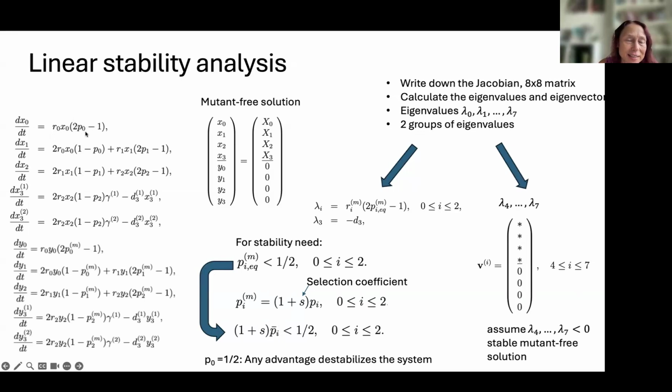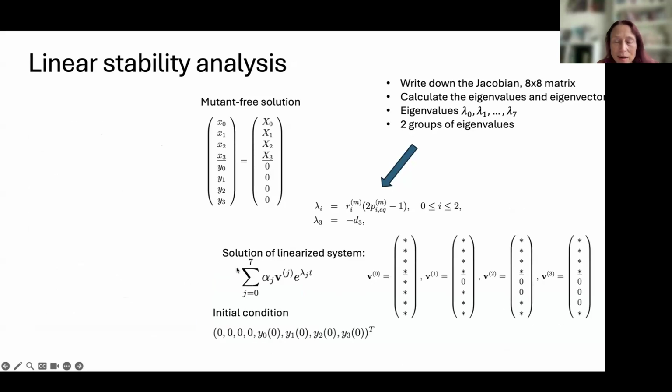And it's exactly at equilibrium, it has to be equal to 1/2. You can see it from here. If you solve this equals 0 at equilibrium, you see that 2 P naught is equal to 1, P naught is equal to 1/2. So stick it here, 1/2, and you can see that the left-hand side is always bigger than the right-hand side. This is 1/2. So any advantage will destabilize the system if it starts here.